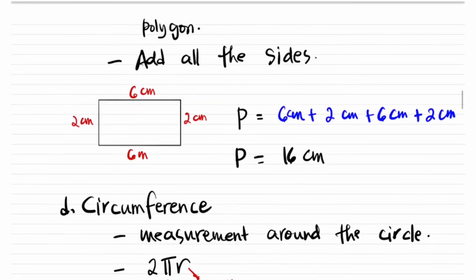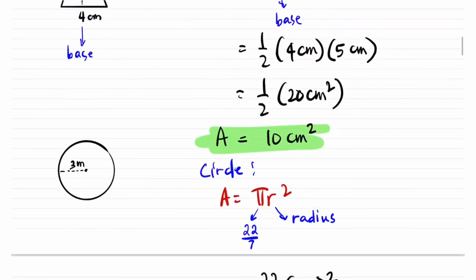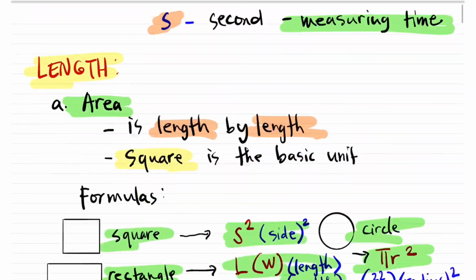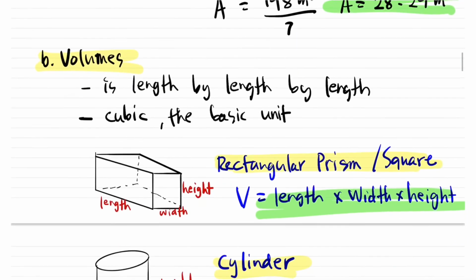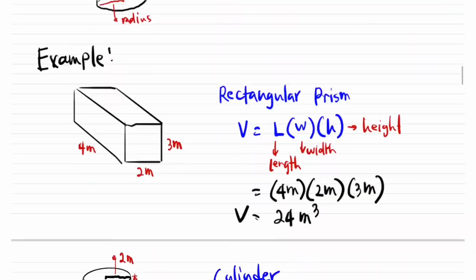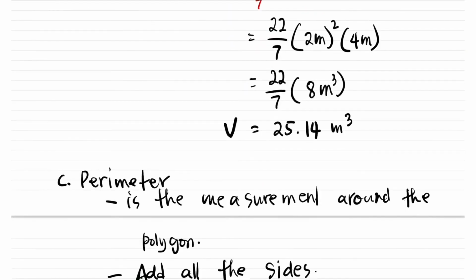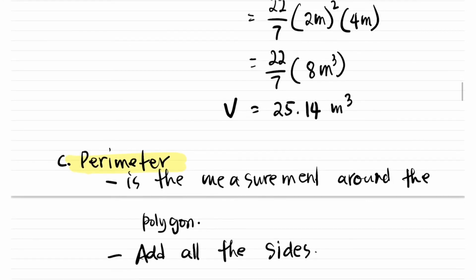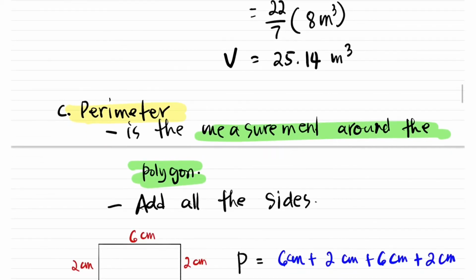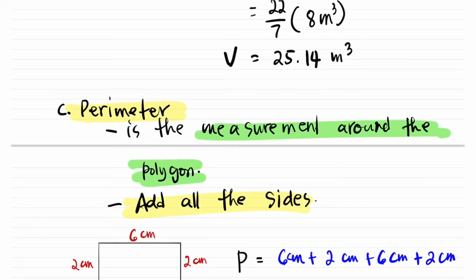Alright, so this one here is our perimeter. So again, we have now the area. First we have area. Next we have volume. It's the amount you can put in. And then we have the perimeter, the measurement around the polygon, which just means we have to add all the sides.